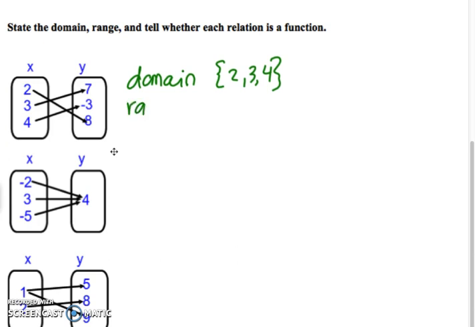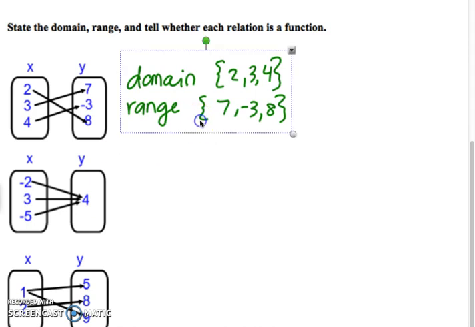Your range is going to be your y values, squiggly bracket with a 7, a -3, and an 8. Okay? So now to see if it's a function, I need to make sure this x value only has one arrow coming from it. So only one arrow, only one arrow, only one arrow. So that means x's do not repeat, so it is a function.